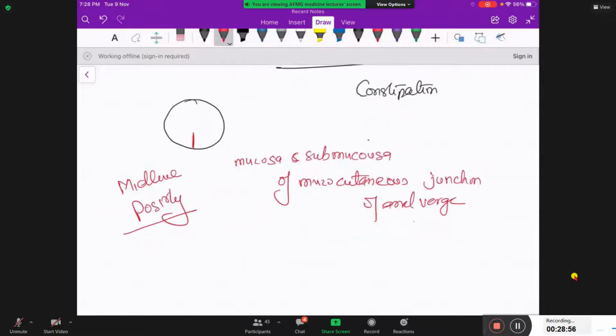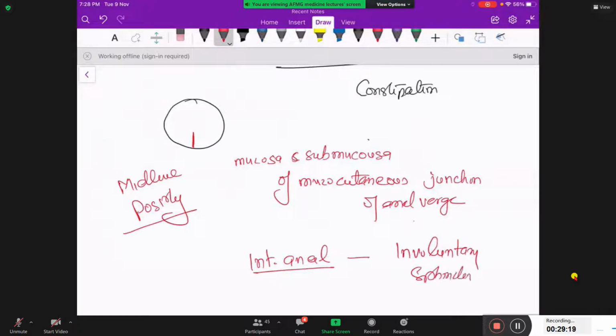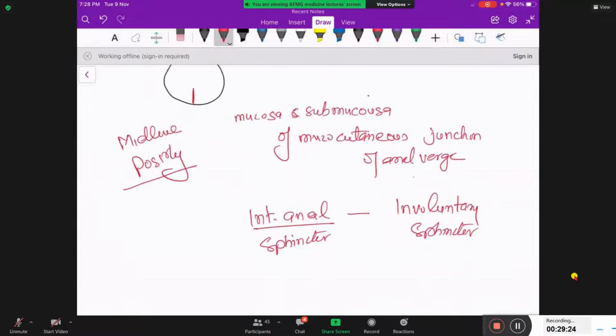Right? Now, the moment mucosa and submucosa gets eroded, the internal anal sphincter, which is an involuntary sphincter of the anal canal, gets exposed.